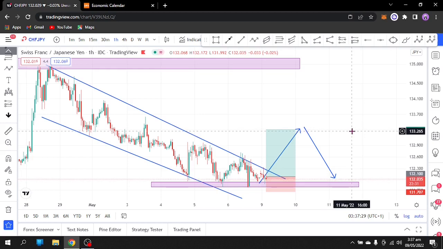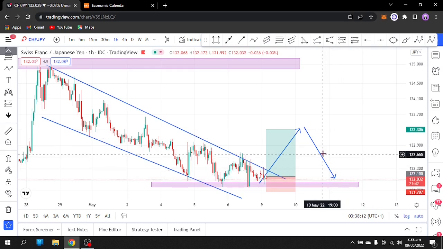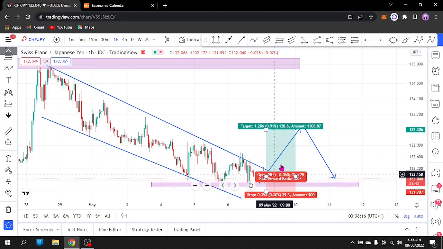That is when I prefer to take my trades. So right now I will not take any trades because I do not trade this session. It is one of my trading plans. I do not trade outside my trading session. If I was analyzing this chart during a New York session, I will go for a buy trade.